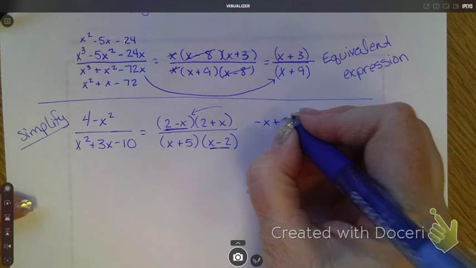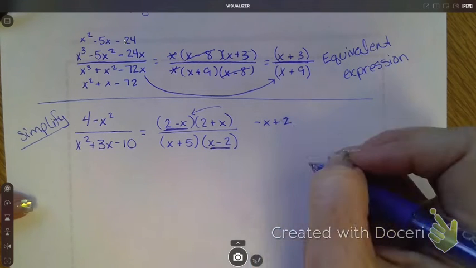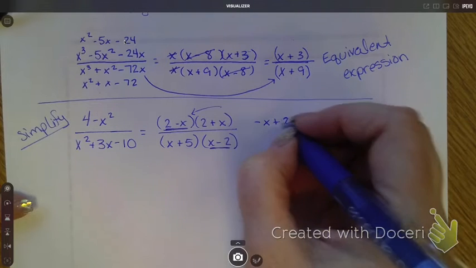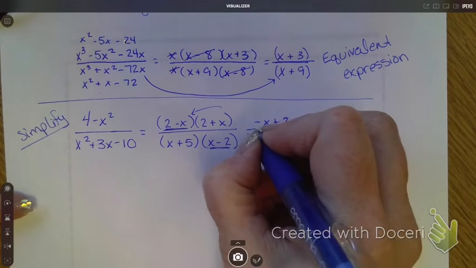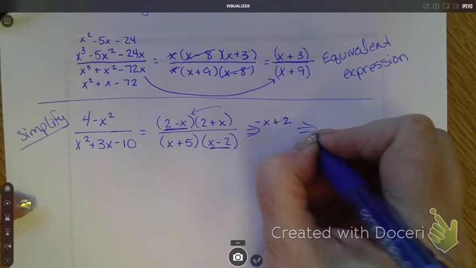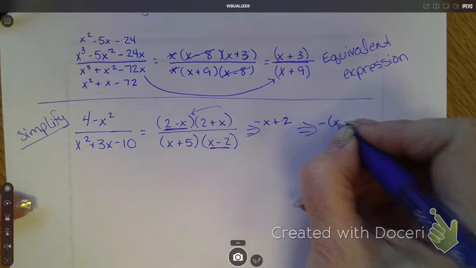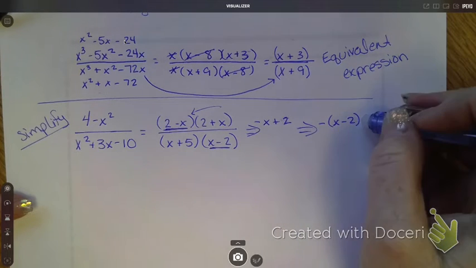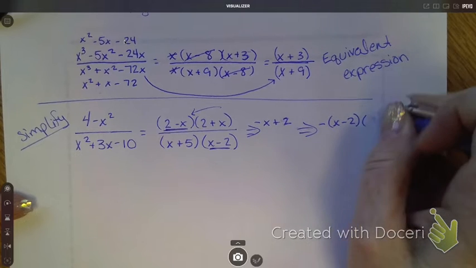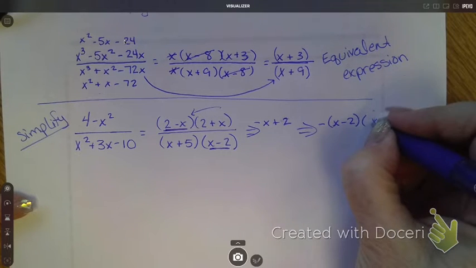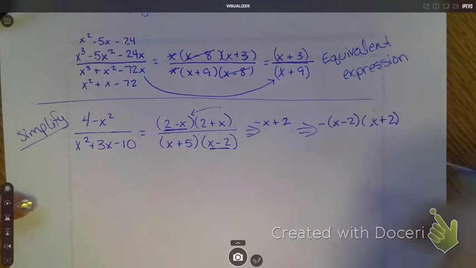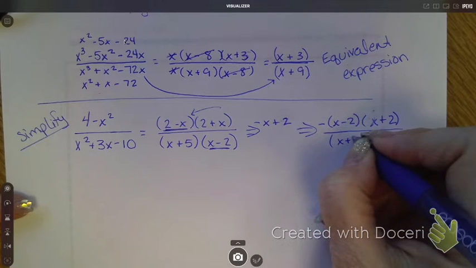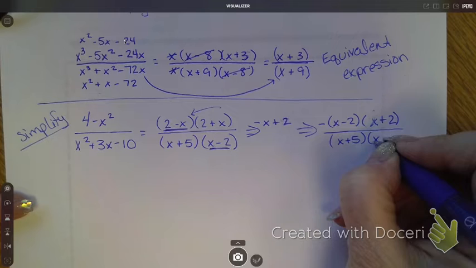Okay. Now I have negative x plus 2. Could I factor out a negative? Yes. So I would have negative x minus 2, and 2 plus x, that one's easy to change around, right? 2 plus x, I can just make it x plus 2, over x plus 5 and x minus 2.